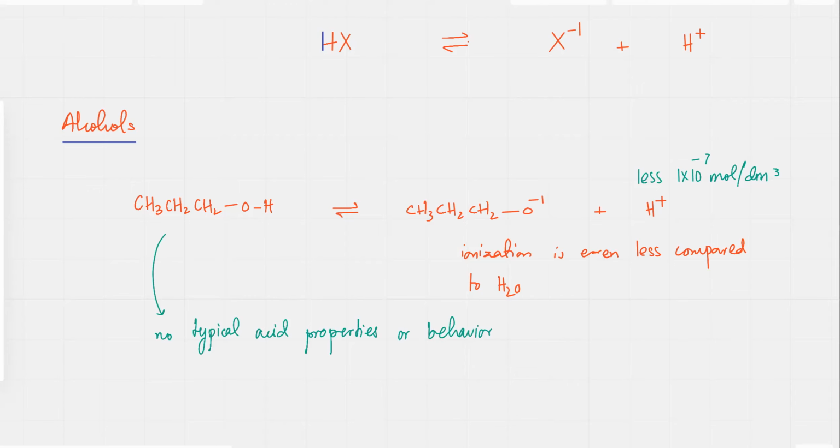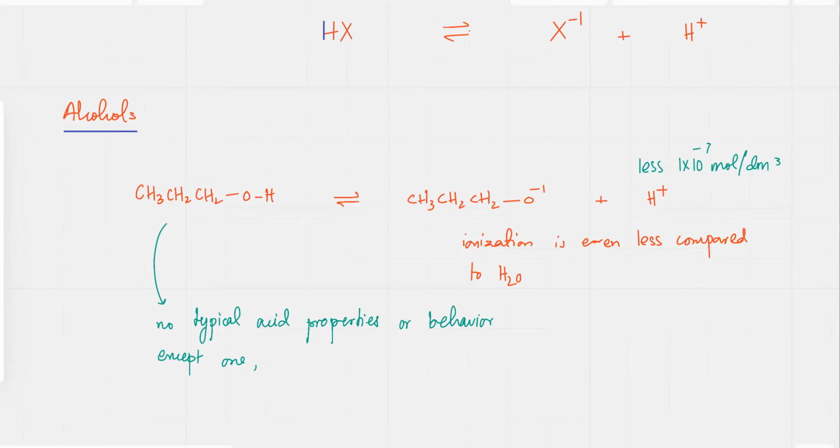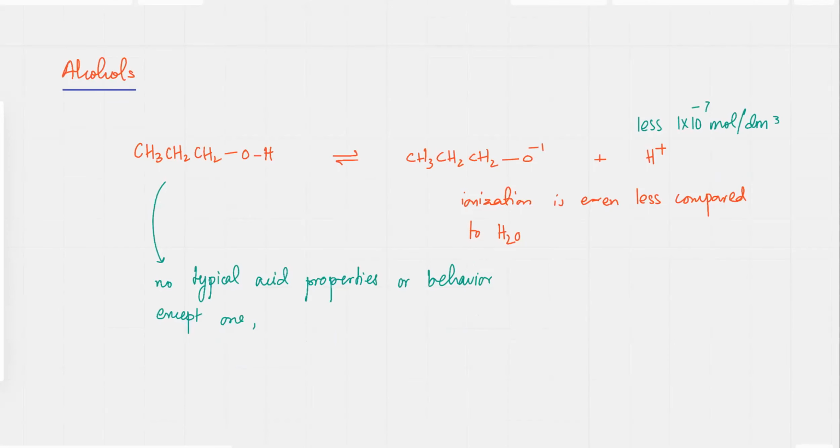You can barely call it an acid, or it barely classifies as an acid. So it doesn't have any typical acid properties or behavior except for one. And that one is that it reacts with very reactive group 1 metals.